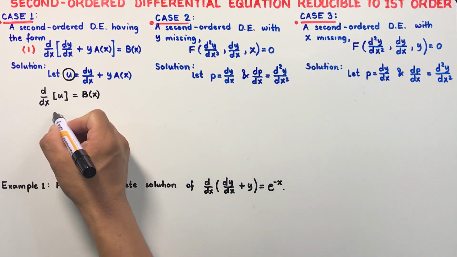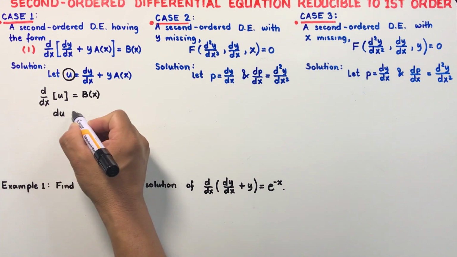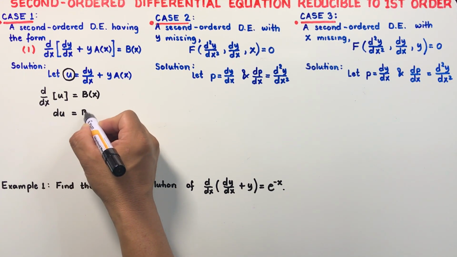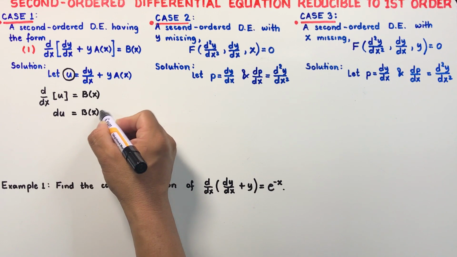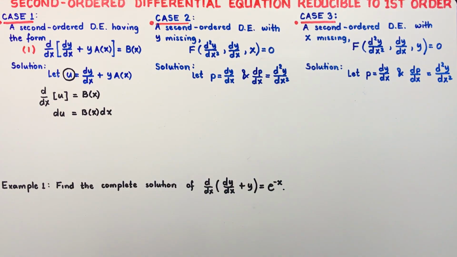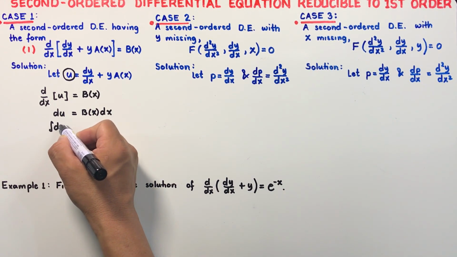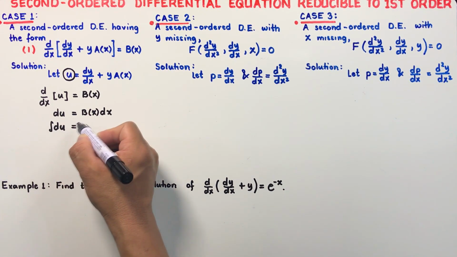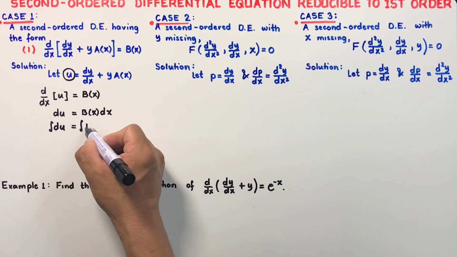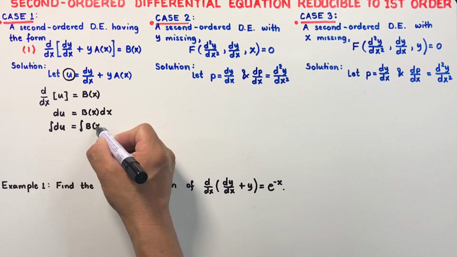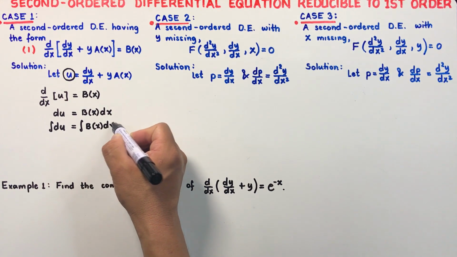Rewriting this, we have du equal to b of x dx. Then we can integrate both sides of the equation because the variables are now separated. So this is the integral of du and the integral of b of x dx.